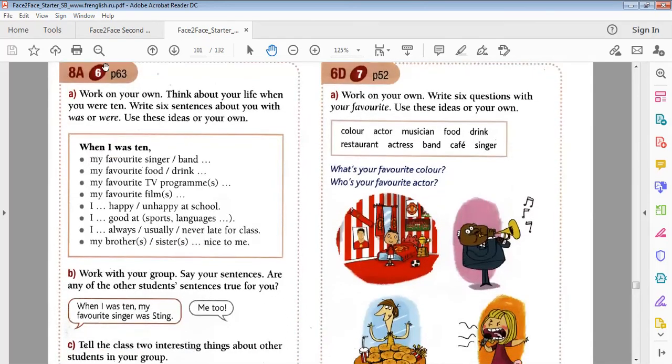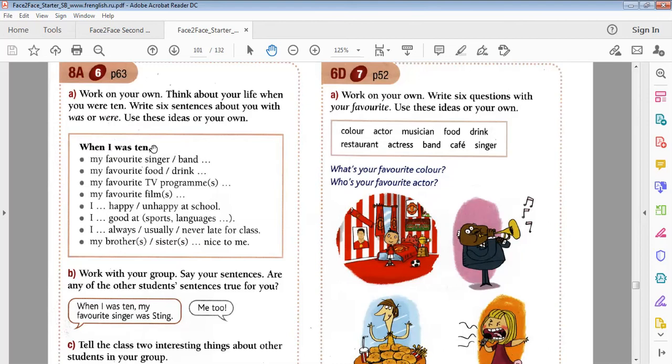So here, can you see the left side? Number 8A. Can you see this? Yes, I can. Okay, so it says here, work on your own. Think about your life when you were 10. Write 6 sentences about you with was or were. Write 6 sentences with was or were, okay? So these are examples.